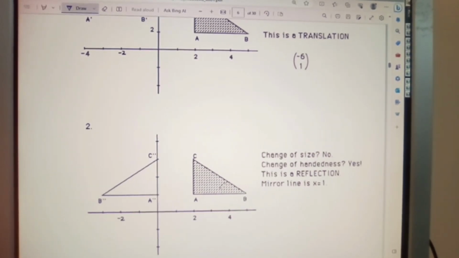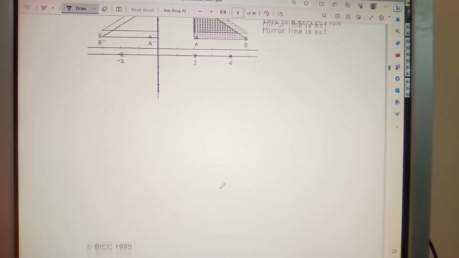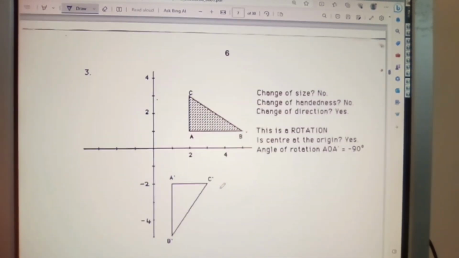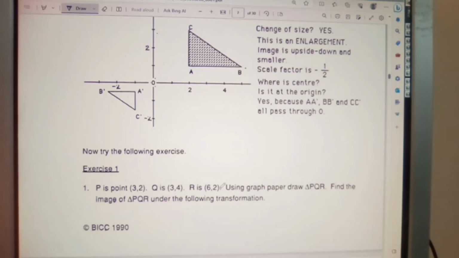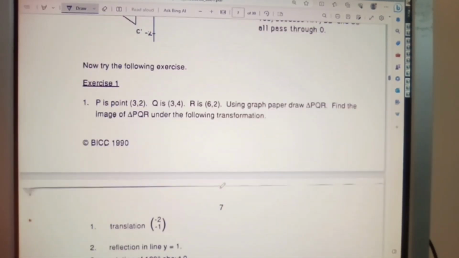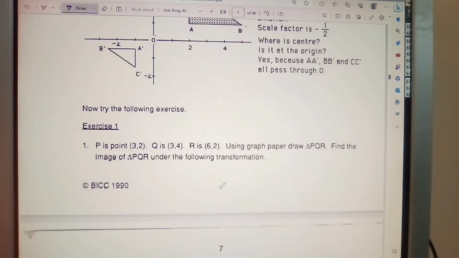I want you now to look at this for yourself and then decide what's happening. Okay, again, proceed.